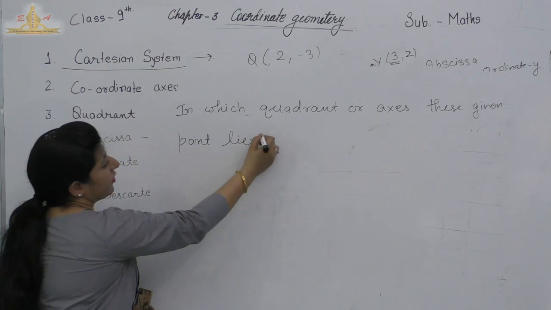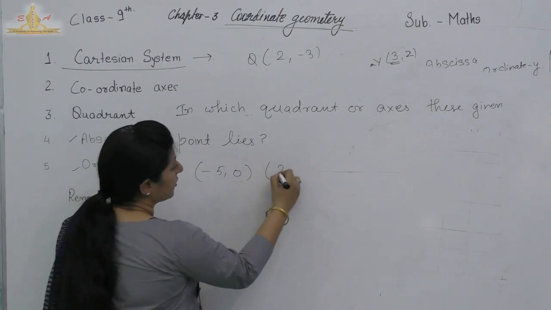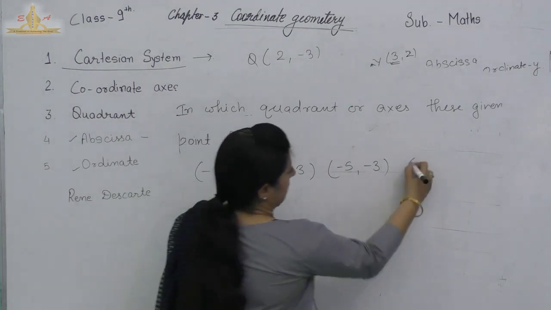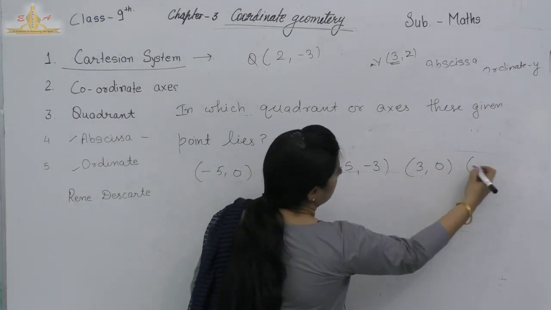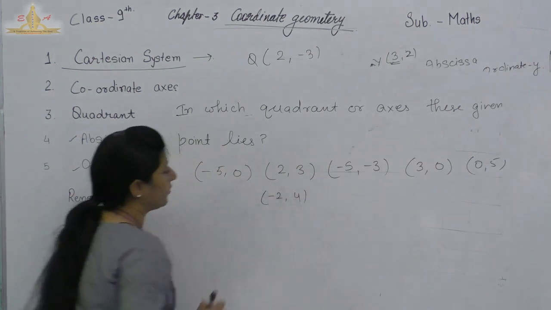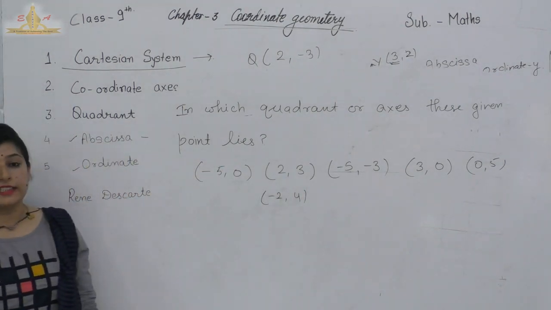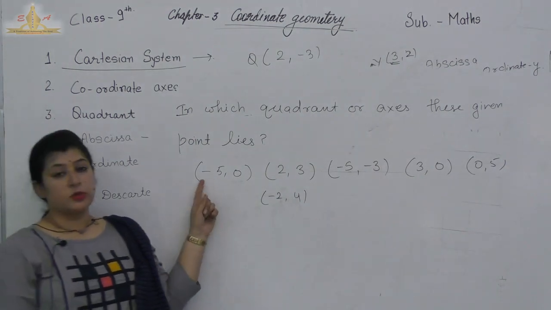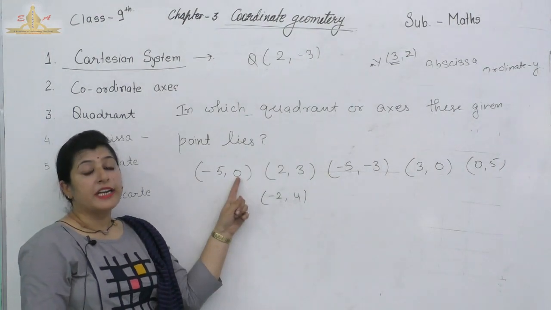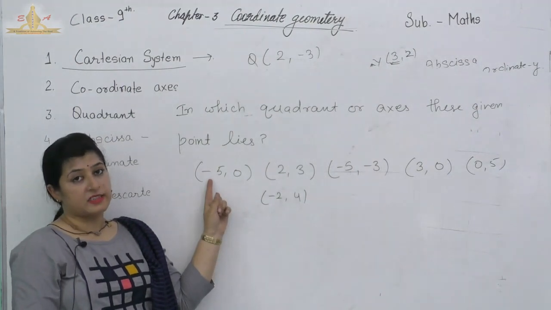Tell in which quadrant or axis the given points lie: (minus 5, 0), (2, 3), (minus 5, minus 3), (3, 0), (0, 5), (minus 2, 4). For (minus 5, 0), you can see here that y is equal to 0, so these coordinates lie on the x-axis.